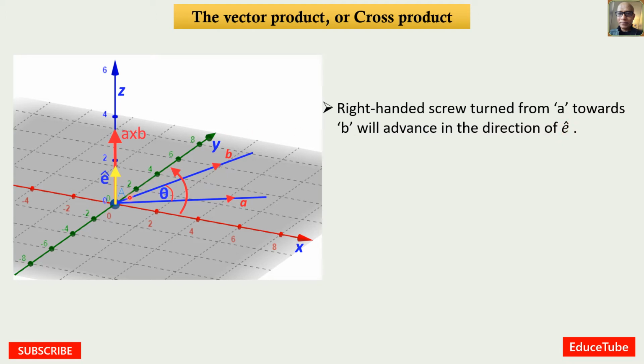You can see the yellow arrow mark, e with a cap on top, so this is the unit vector symbol, and from here to here is the unit vector, yellow color.